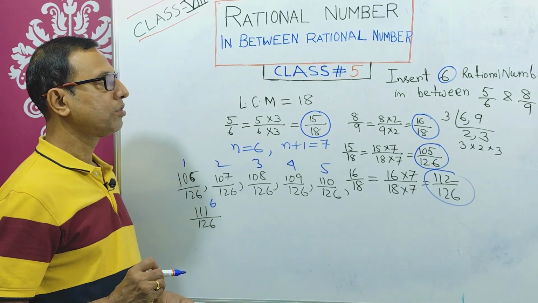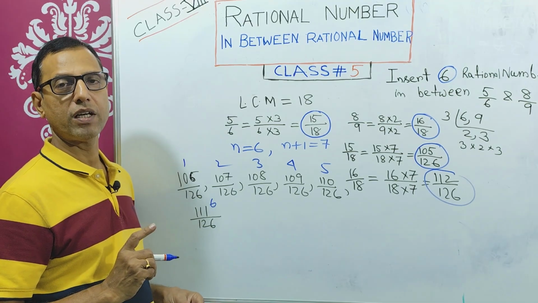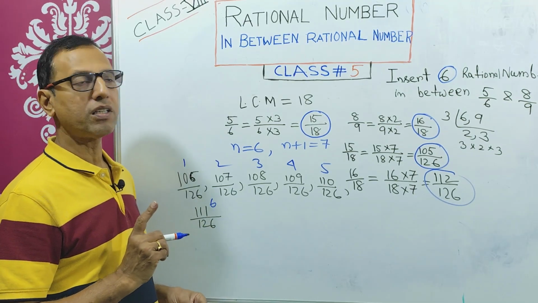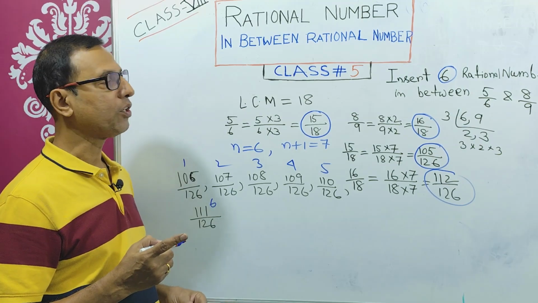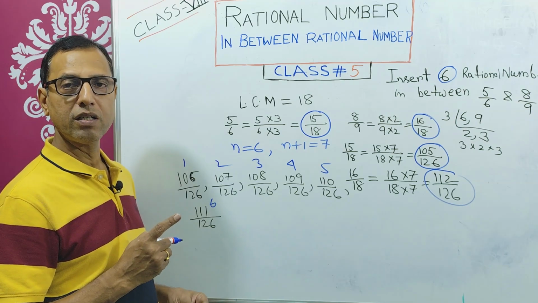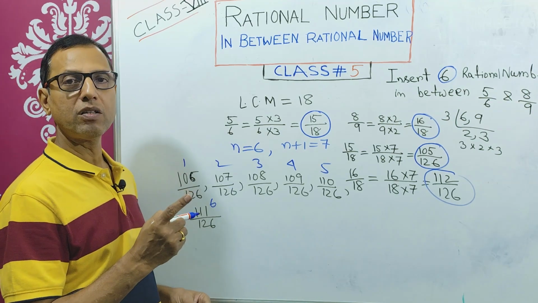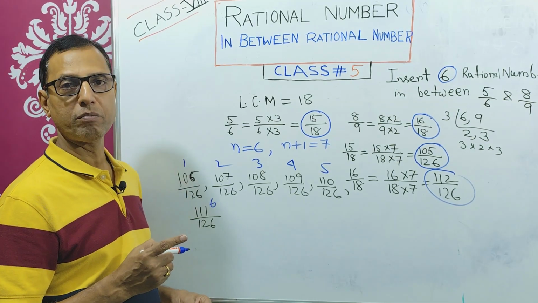I hope you understood. So just these 2 steps you need to remember. You need to make the common denominator if it is not so, and then make equivalent fractions by multiplying both the numerator and denominator with n plus 1, where n is the number of in-between rational numbers you need to find.